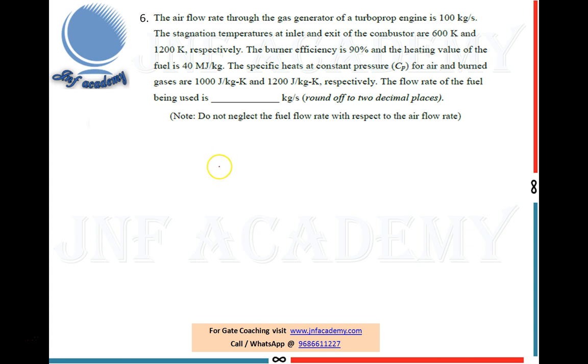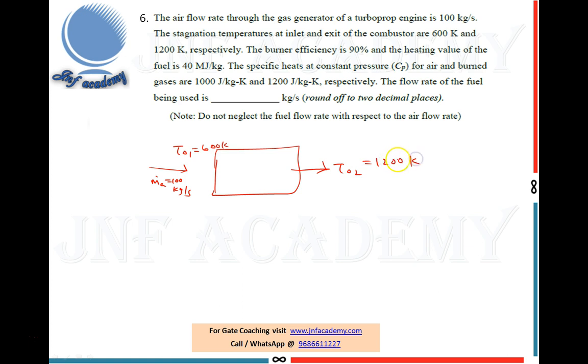So let's try to understand this in a schematic way. Let's assume this is the compressor and combustion chamber, and this is m dot a, which is equal to 100 kilogram per second, and the inlet temperature of the combustor is T01, which is equal to 600 Kelvin, and the exit of the combustor is T02, which is equal to 1200 Kelvin.